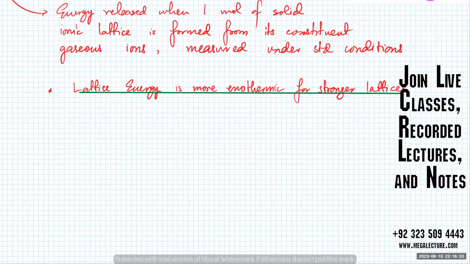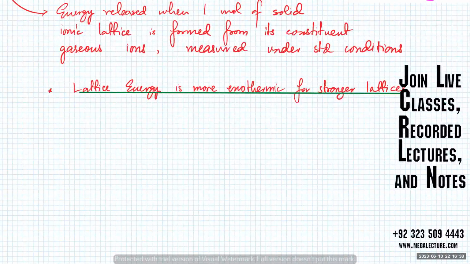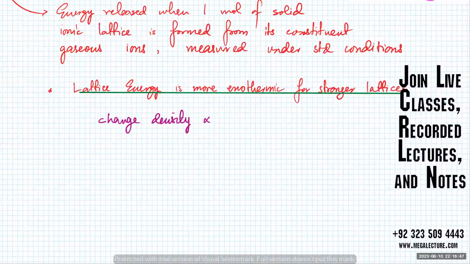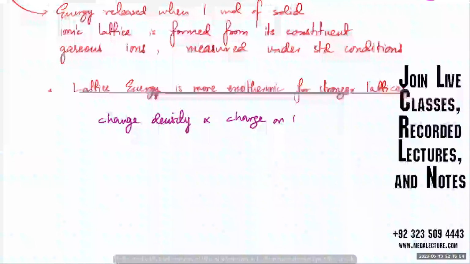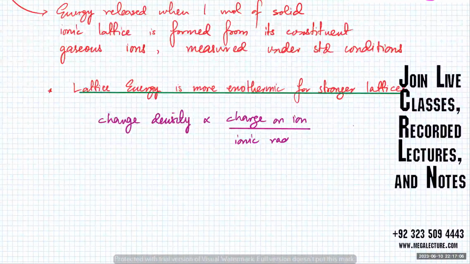Is it how highly charged the ion is? It basically depends on the charge density, which is proportional to the charge on the ion. The greater the charge, the stronger the lattice. And it's inversely proportional to the size of the ion. Bigger the ion, the weaker the lattice.